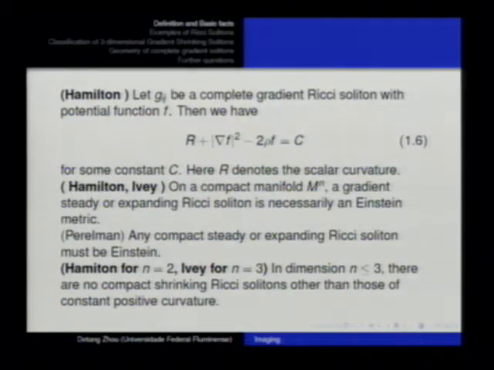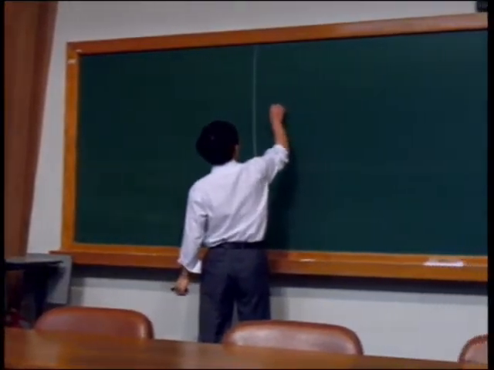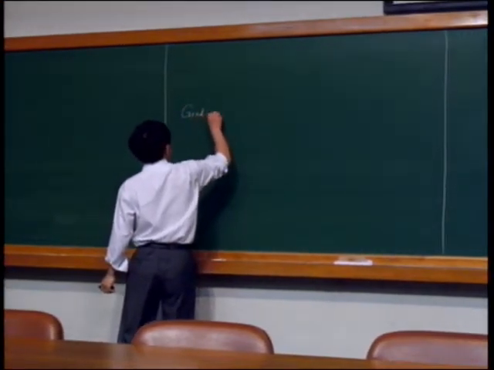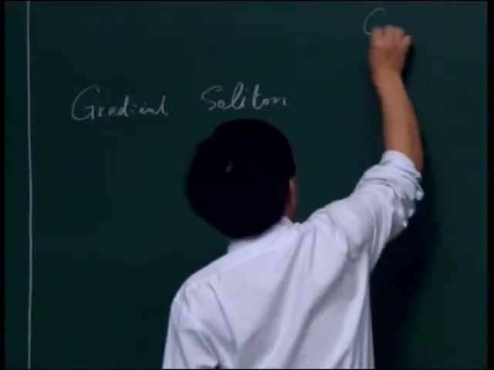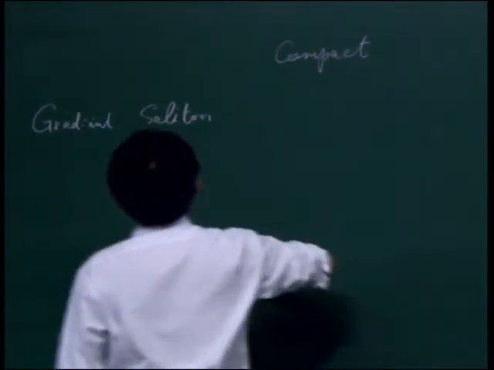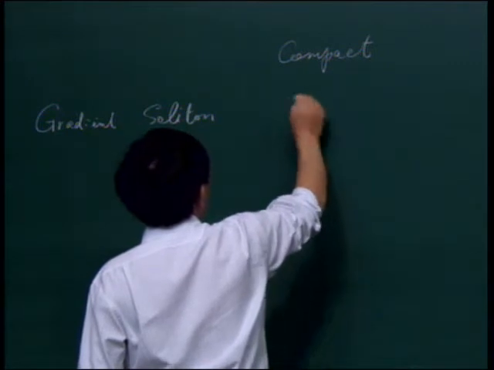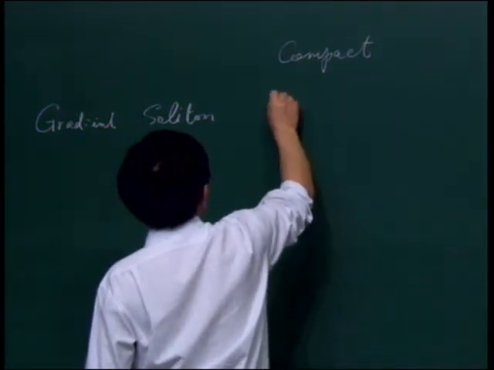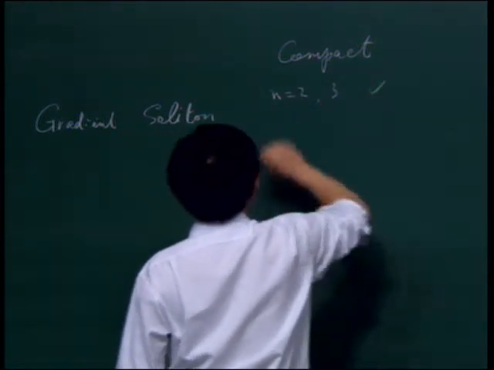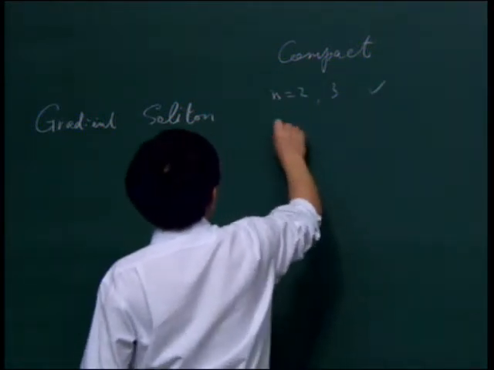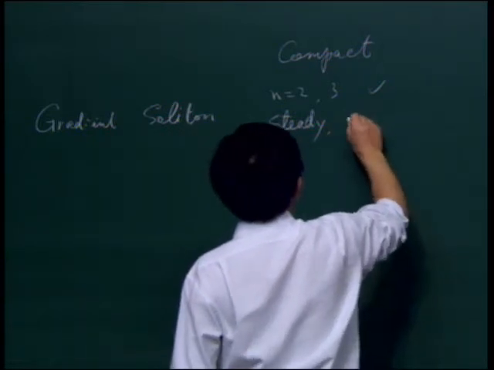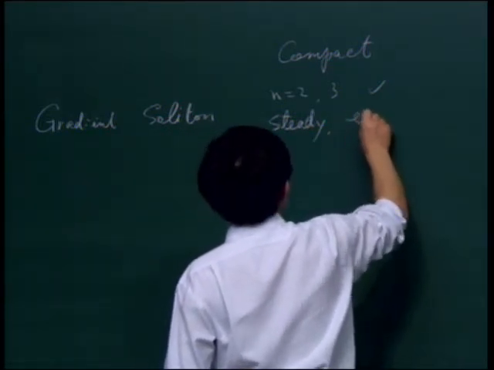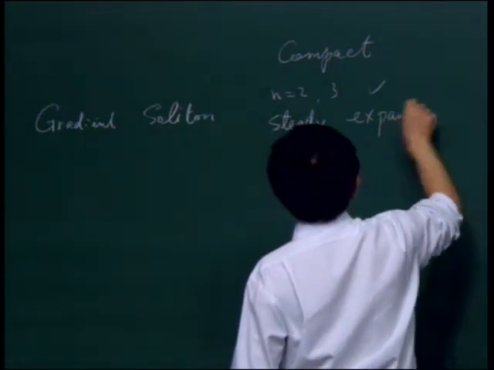From this, we have a table. If you look at gradient solitons in the compact case, n equals 2, 3 is okay, and steady and expanding are okay.